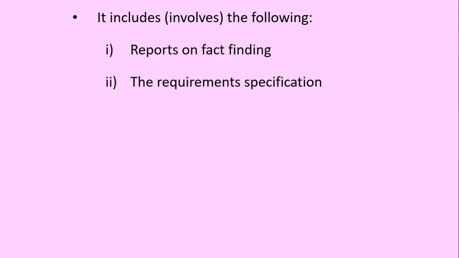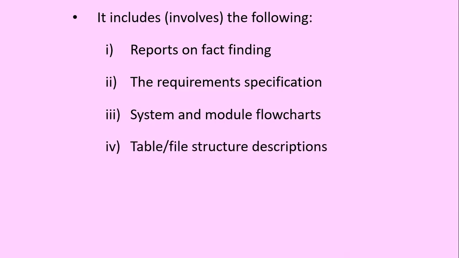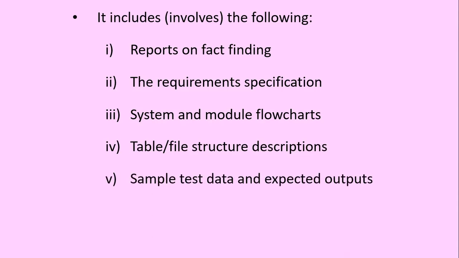Number two, the requirements specification. Number three, the system and module flowcharts. Number four, the table or file structure descriptions. Number five, sample test data and expected outputs. Number six, the output reports. Number seven, the user manuals.